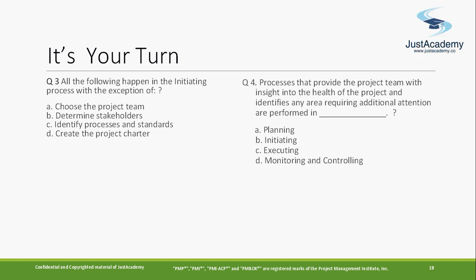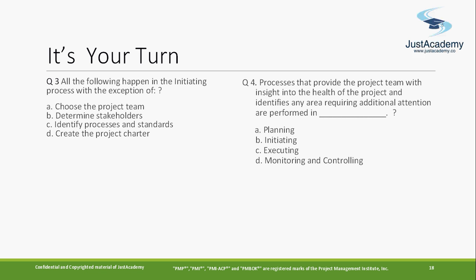So let's take just two more questions and then we'll wind up this chapter. All of the following happen in the initiating process, with the exception of which one? In the initiating process group, what things happen? First of all, determine the stakeholders. Does that happen in the initiating process group or not? Yes.